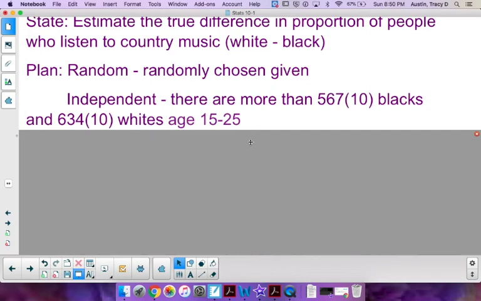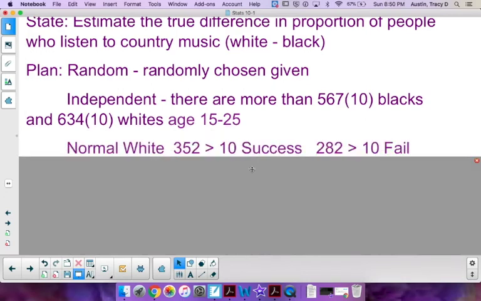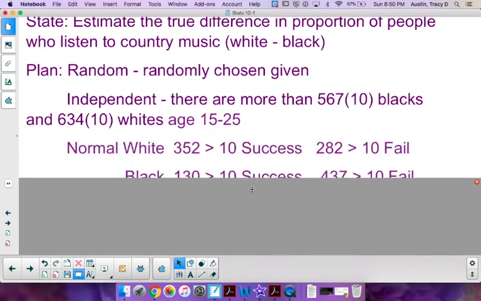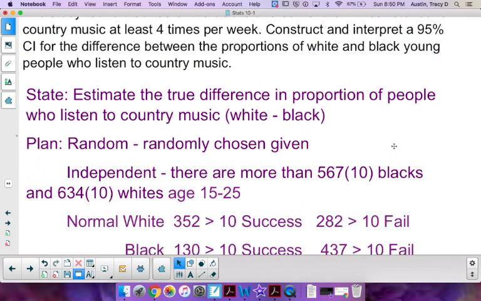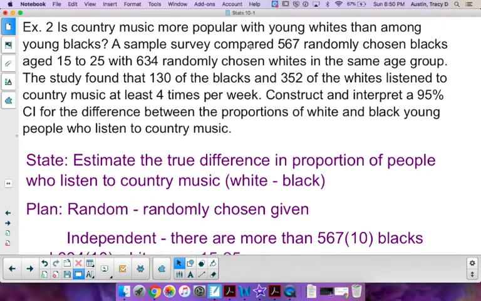Okay, so the random, this is the one we were talking about, now normal. This is one we were doing before where you have 4 different things to check now. So you have normal. You have white, 352 is greater than 10 successes, and 282 is greater than 10 failures. If you don't know where I got this, up here, again, it says 352 out of the 634 listen to country music.